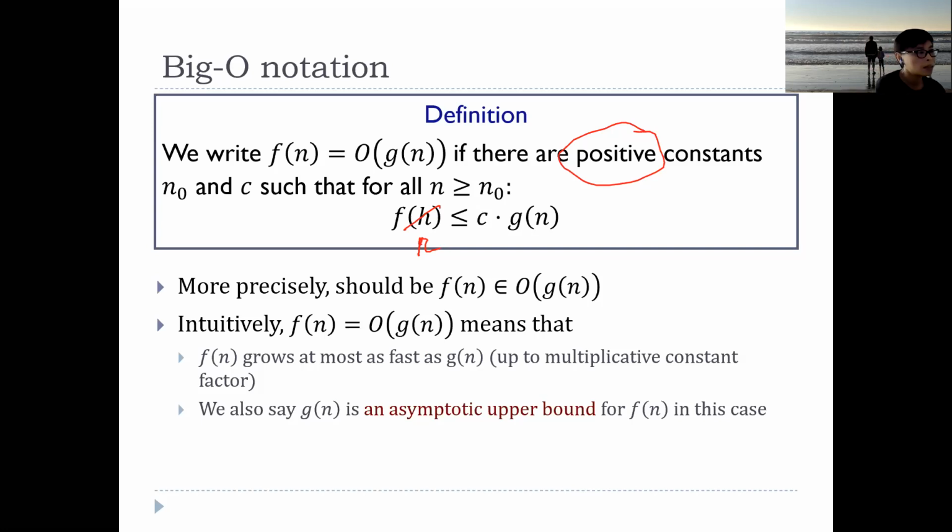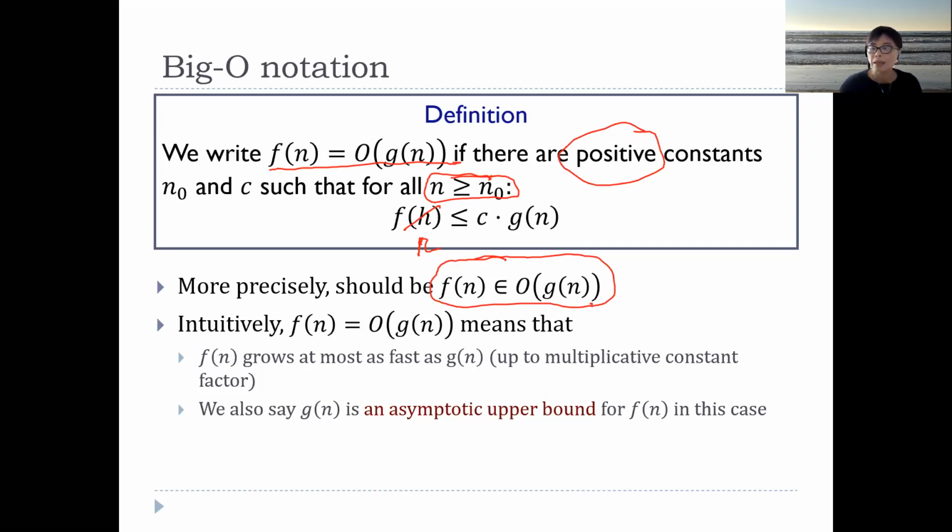What this condition says is that for n large enough, this inequality has to hold. This inequality just says that f of n is intuitively smaller than g of n, but allowing a constant factor. The more formal way to write this is that f of n is in the big O of g of n. However, very often people simply write this with an equality, so I will use the equality most of the time, but sometimes I may also use this notation.